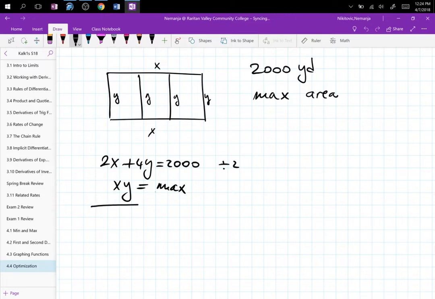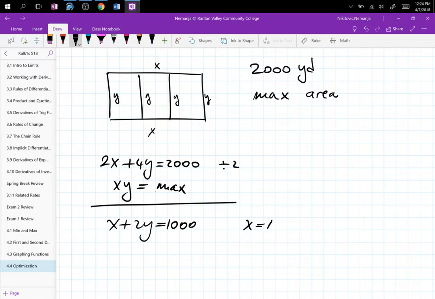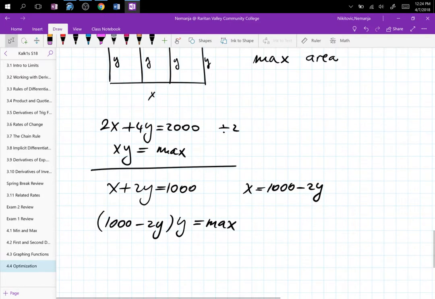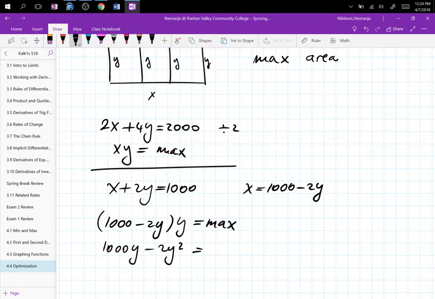All right, let's take a look real quick. X plus 2y is 1000. X is equal to 1000 minus 2y. So plug in: 1000 minus 2y times y equals a max. 1000y minus 2y squared equals a max.